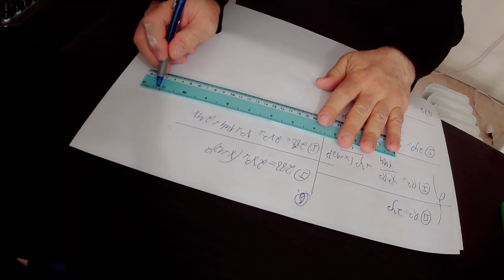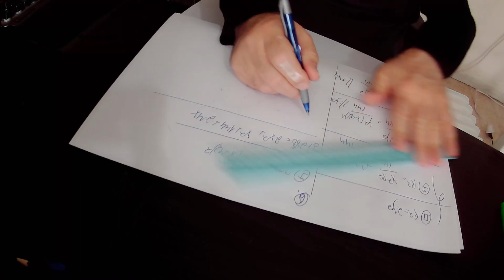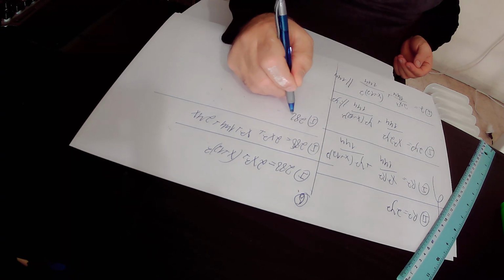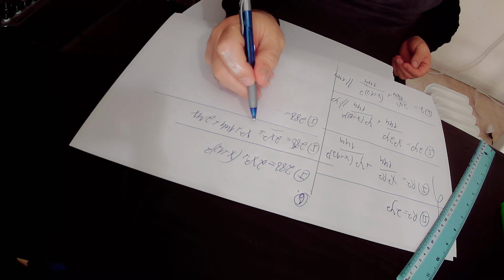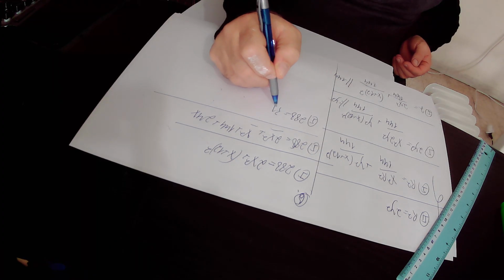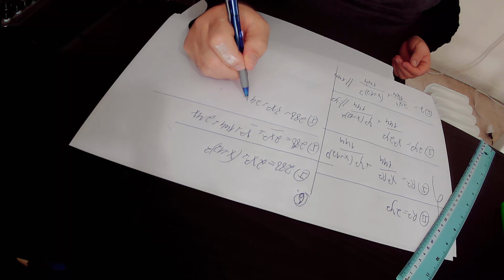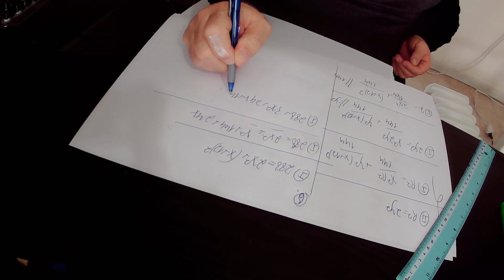So according to this equation 1, 288 equals, here we have 2x squared plus x squared is 3x squared plus 24x plus 144.